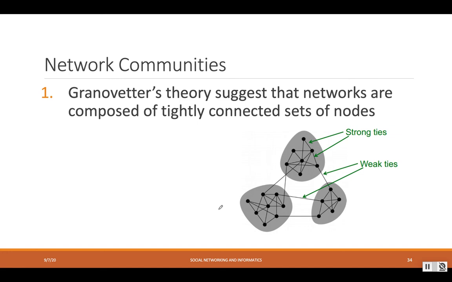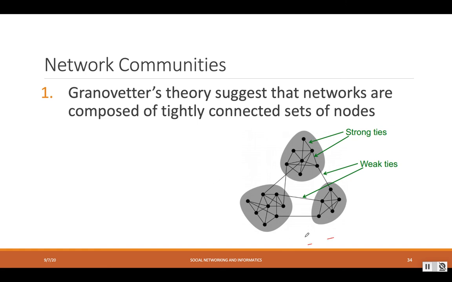From that discussion, using Granovetter's theory, we can consider our network as a collection of communities and a collection of strong ties and weak ties. We are visiting the same figure again.